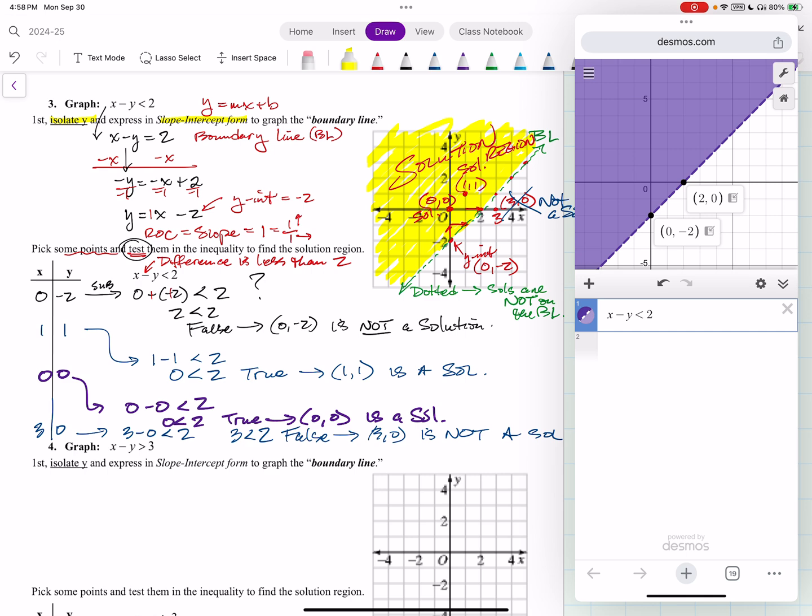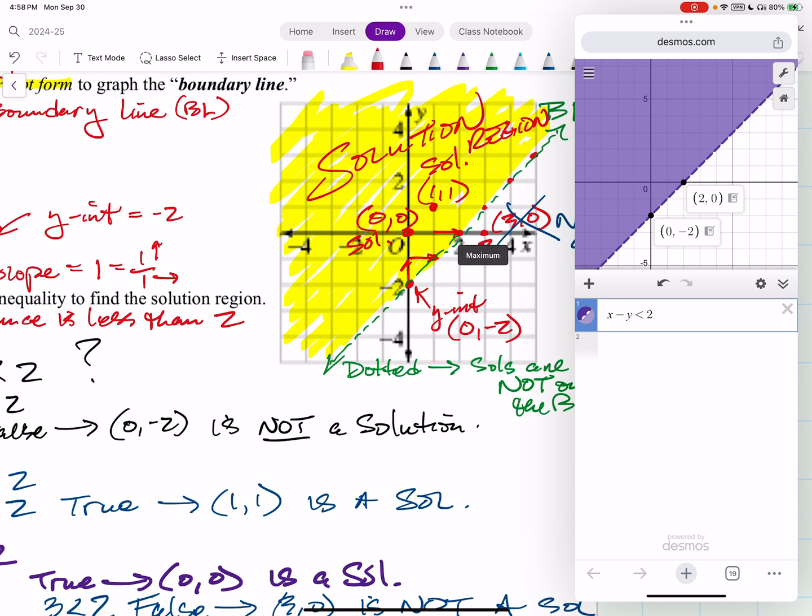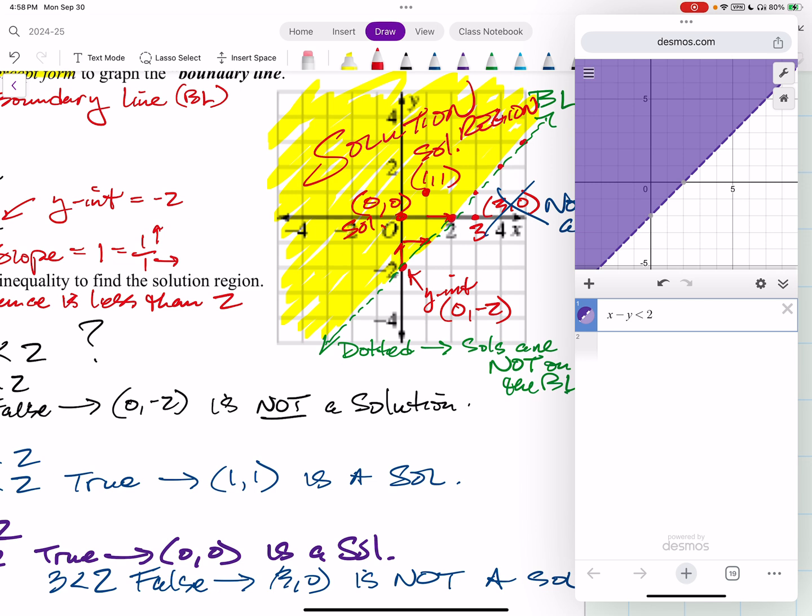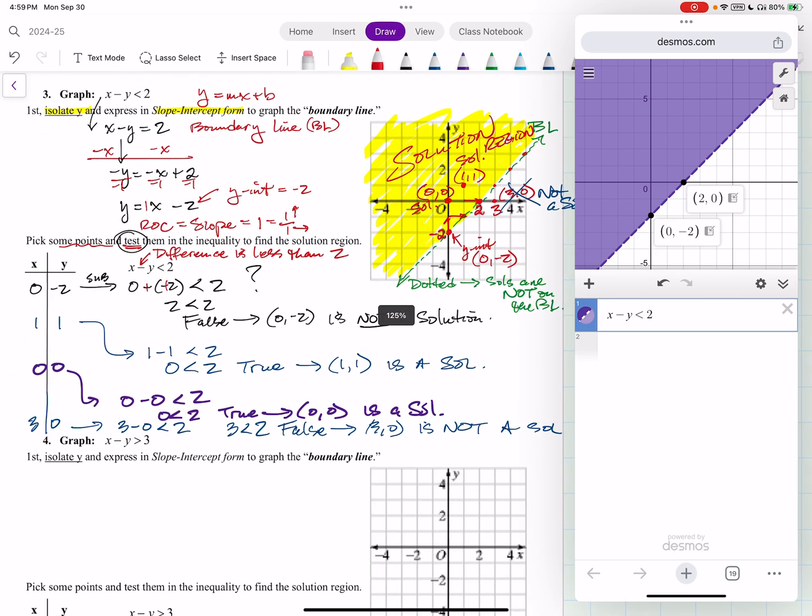Click on them with your finger or your Apple Pencil, and you can see that we have the same intercepts here: the x-intercept at 2, and the y-intercept at -2. Those are called x and y-intercepts. So click on those points, and then you can compare your graph to the graph they have in Desmos, and you'll see that they're identical.